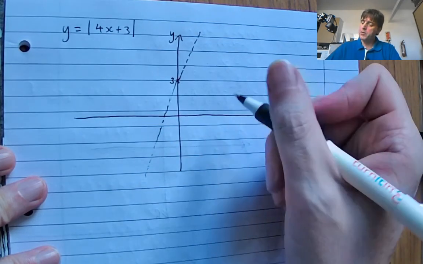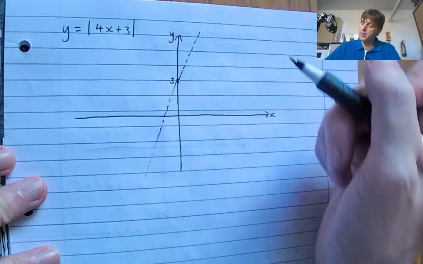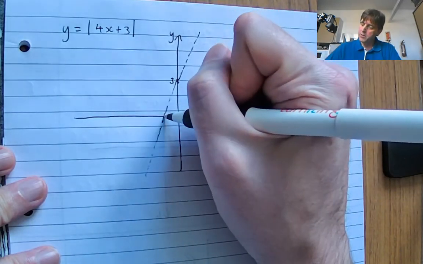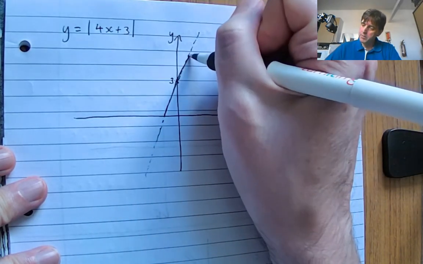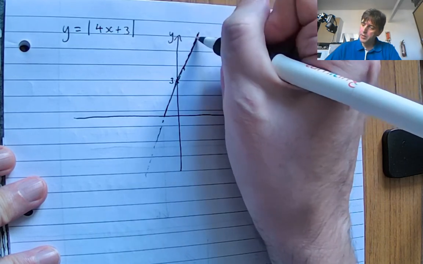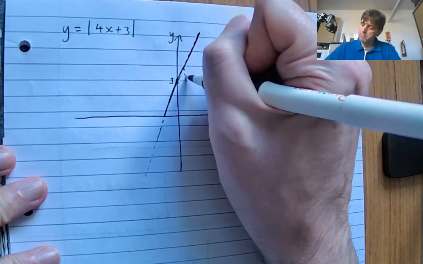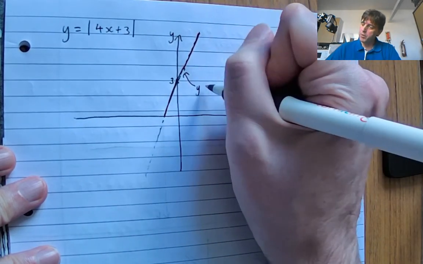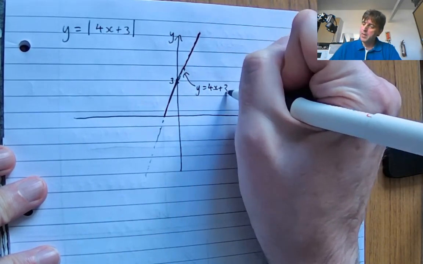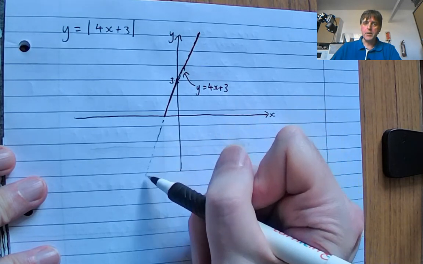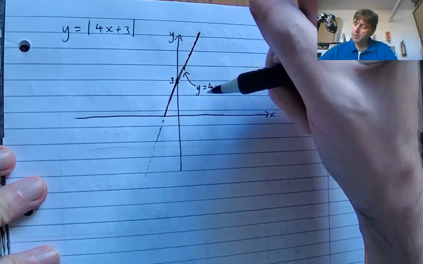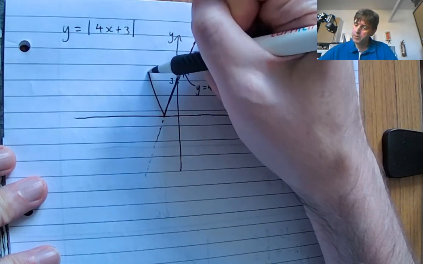So for the part of the graph which is already above the x-axis, the modulus is going to have no effect on that whatsoever. So I'll put that in as a nice solid line now, and that little branch of it has equation just y equals 4x plus 3. The part which is below the x-axis is going to be reflected above the x-axis when the modulus happens.